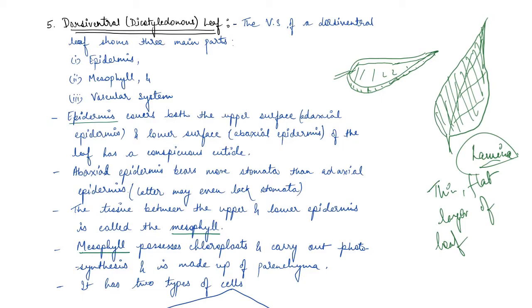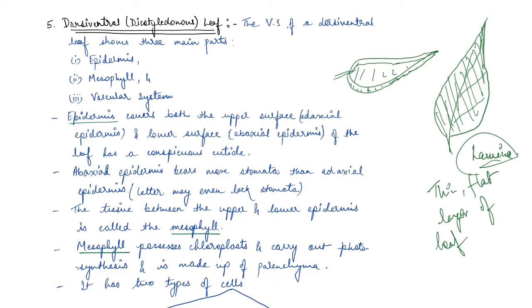So these mesophyll cells possess chloroplast and carry out photosynthesis, which is a very important and basic feature of a plant to prepare their own food. And it is made up of parenchyma.